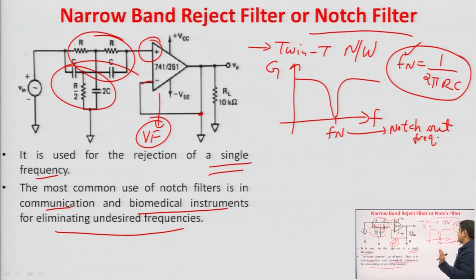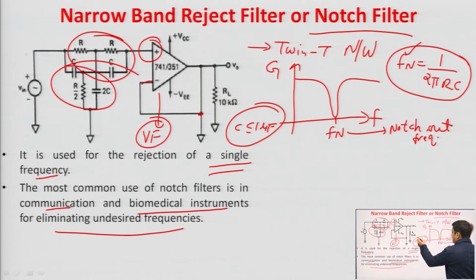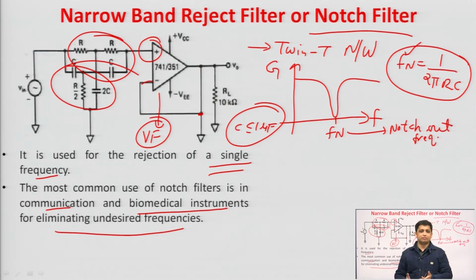Again the concept is same, Fn is given, one equation, two unknowns R and C. Again we will take C less than or equal to 1 microfarad, and corresponding to this, let us say C can be taken as 0.1 microfarad, 0.01 microfarad, any value.